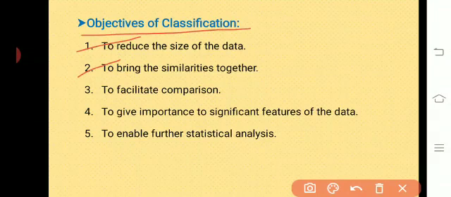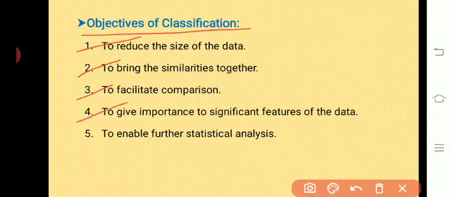Then the next objective is to facilitate comparison. Classification helps in comparison of data characteristics. Then the fourth objective is to give importance to significant features of the data.